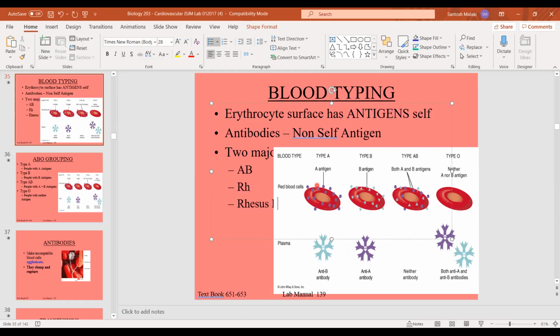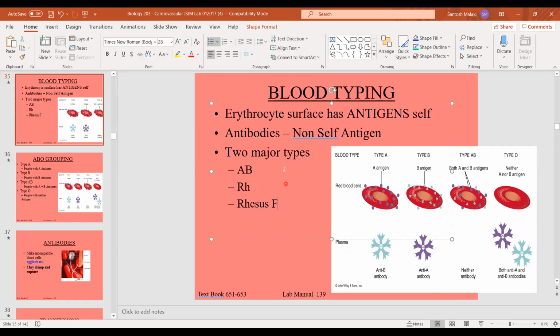Rhesus factor. I'm going to move this a bit. They found out that the entire world population had two possibilities. Either you had the rhesus or you had no rhesus. So if you had the rhesus factor protein on the surface, we called you rhesus positive. If you are born without it, we said you are negative.